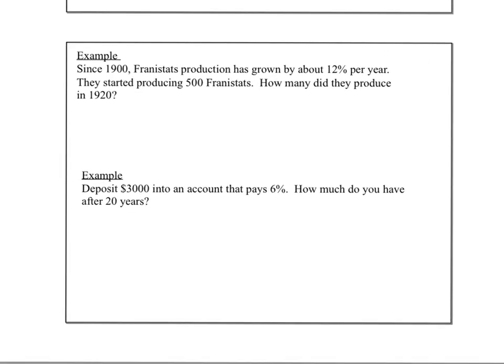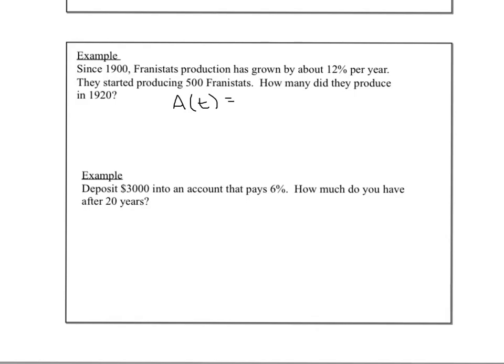Looking at this first example, it says, since 1900, Franostats production has grown by about 12% per year. They started producing 500 Franostats. How many did they produce in 1920? What we always want to do first is write down that exponential growth equation.